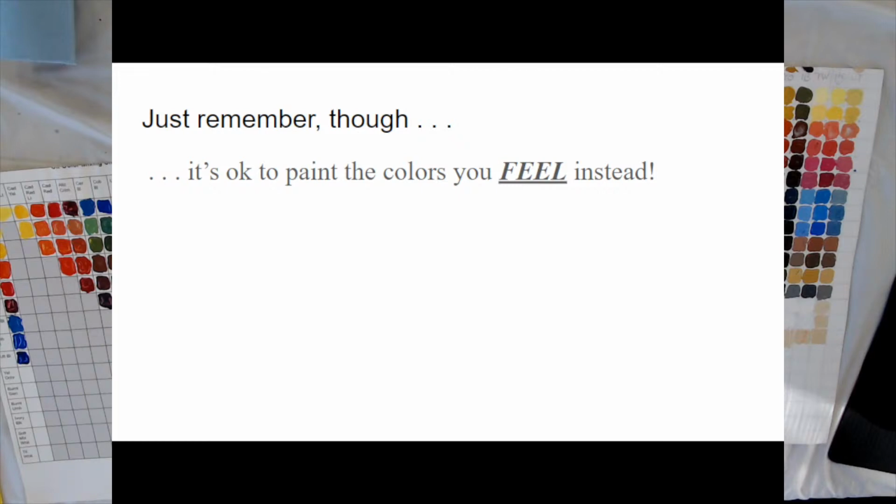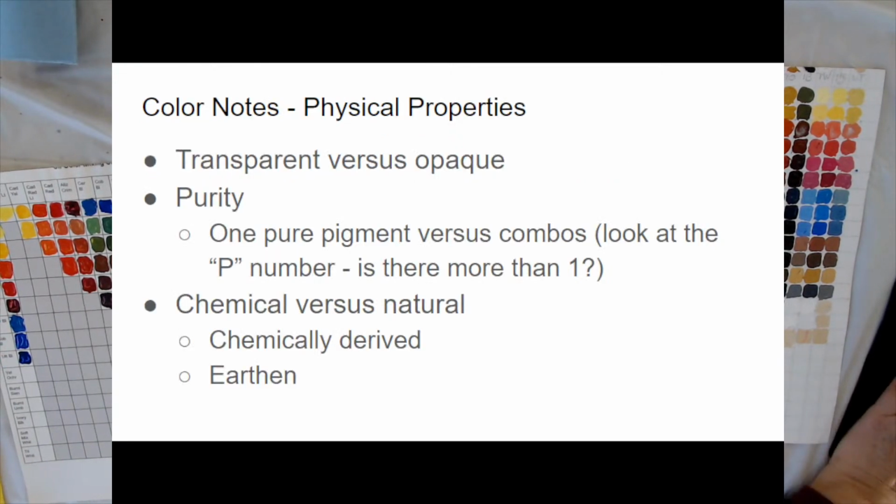So while yes, during this class we're mainly trying to do this activity with the thought that we're trying to match the colors that we see, just so that you can have that experience of how to be proficient at observational drawing and painting, it's not the end all be all. This is just there to help you understand how color works, and how you could use it to your advantage to create whatever feeling or interpretation you want to put out there.